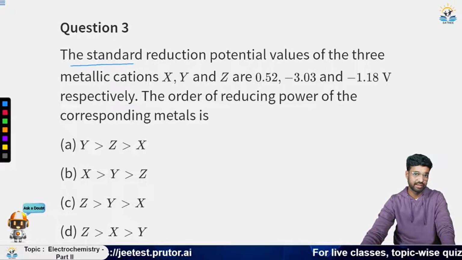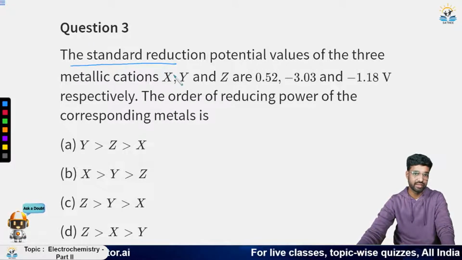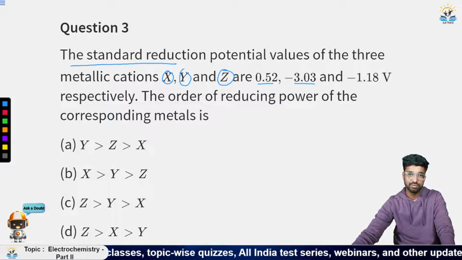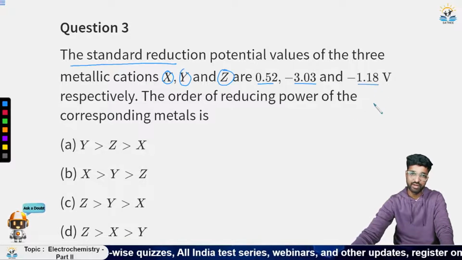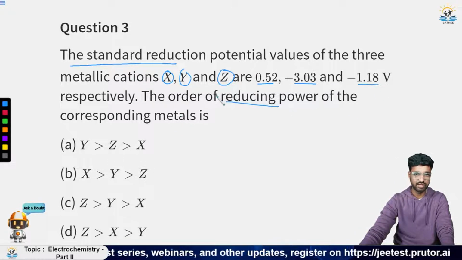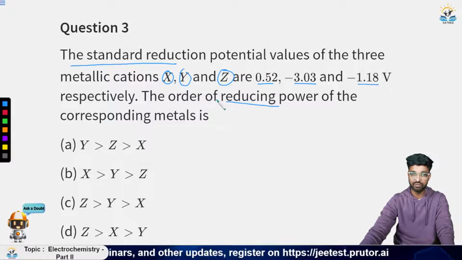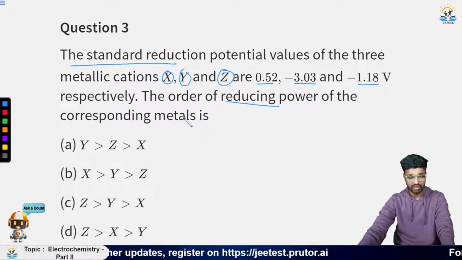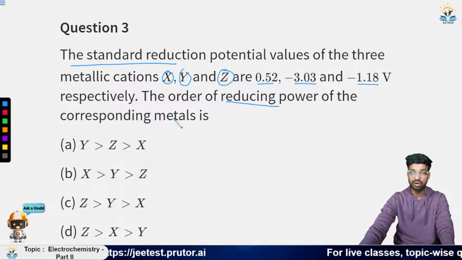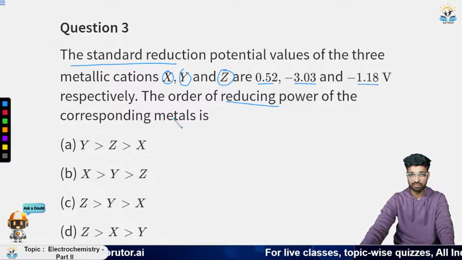Now let us consider the next question. So we have here three species that are X, Y and Z whose reduction potentials are given as 0.52, minus 3.03 and minus 1.18. And what we have to find is the reducing power. So which one is getting easily reduced, and which has a greater reducing power. I have told you earlier that the thing that is getting reduced easily has a smaller reducing power or a greater oxidation power.